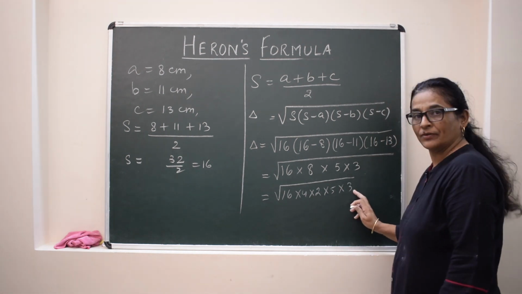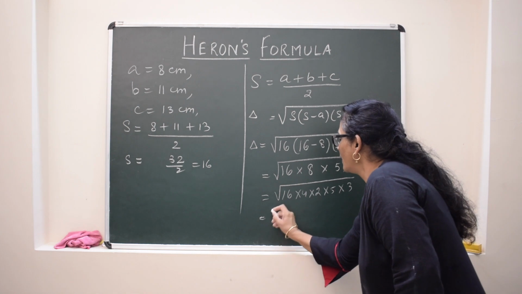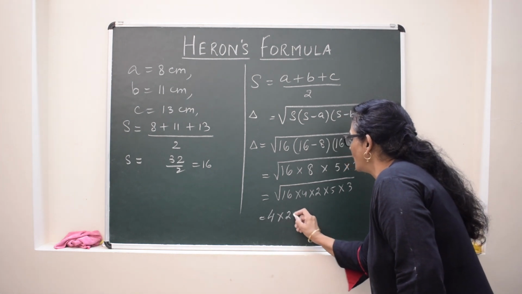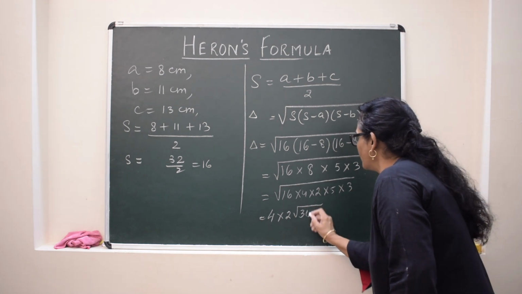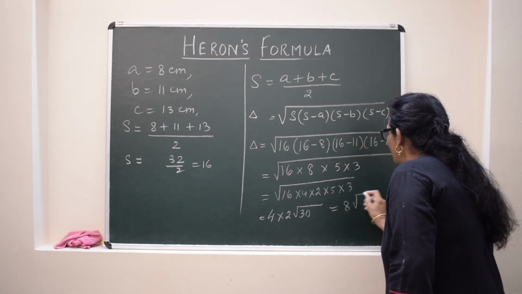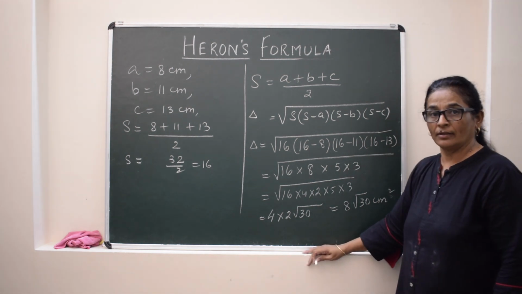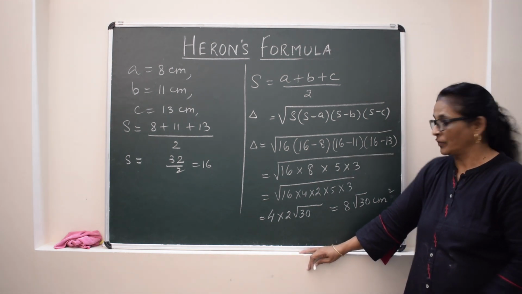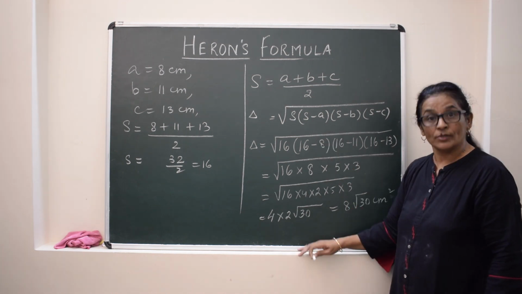These are three prime factors, and these two will come out of the radical sign as 4 into 2, and inside the radical sign it will be 10 into 3, 30. So the area of triangle ABC whose sides are 8, 11 and 13 will be 8 root 30 centimeter square by using Heron's formula.